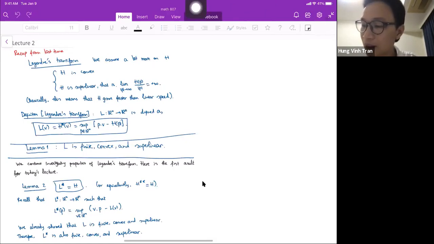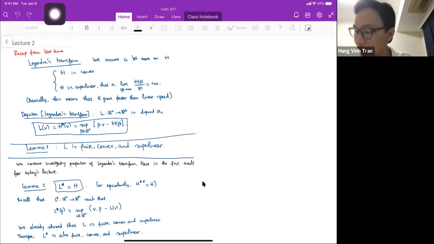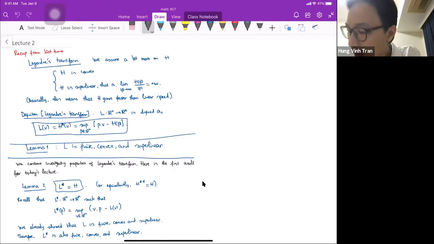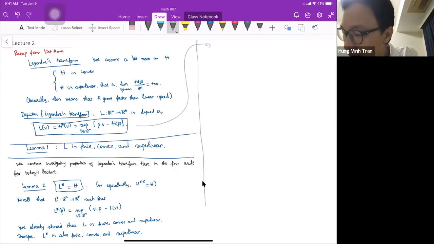Okay, so let's start. Let me first remind you very quickly about the transform. We have defined it already, but let me rewrite the definition here and redraw a quick picture for you.